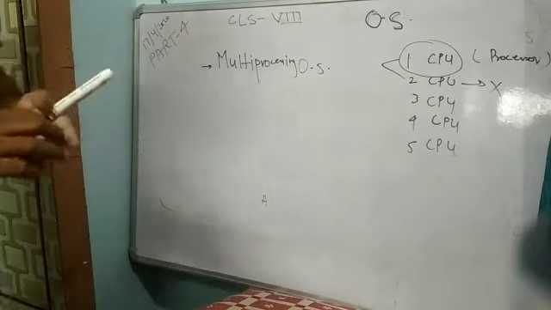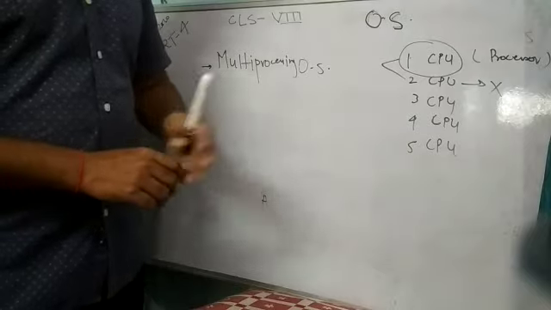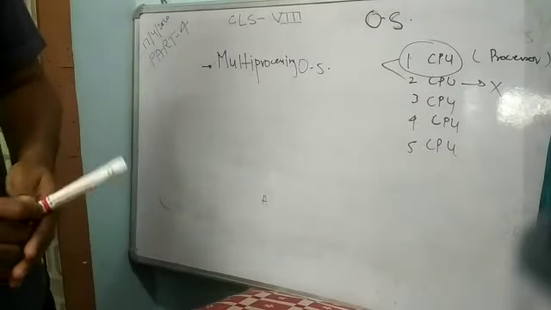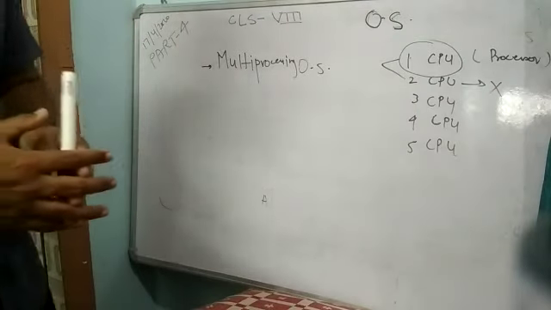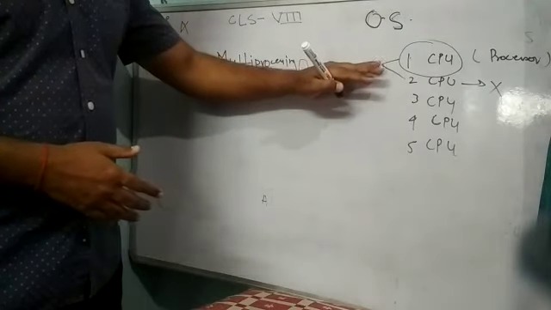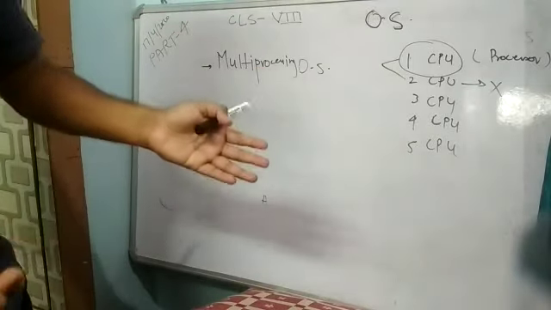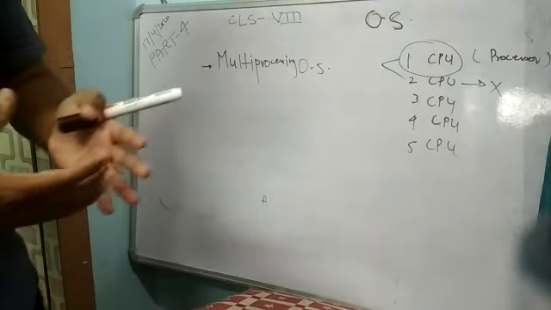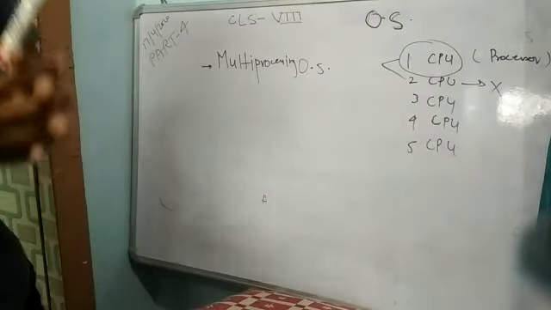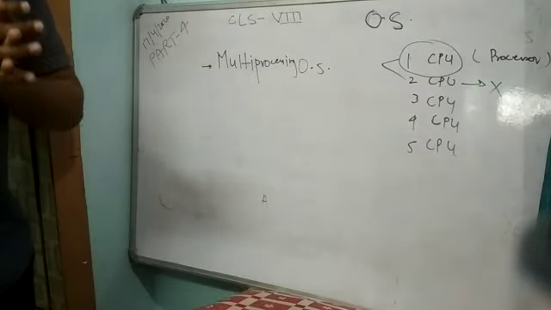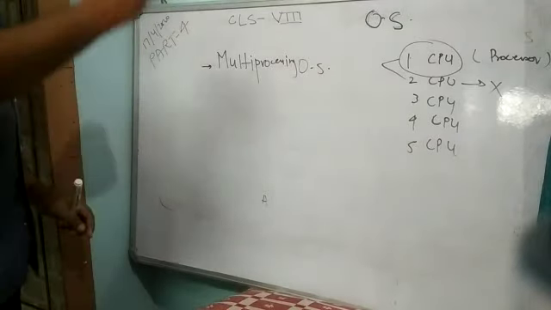But there is one more disadvantage. These systems are much more expensive than single user or multi-user operating systems, because you are implementing more than one processor, and definitely the cost of the system will increase. And one more thing, the architecture of the operating system.